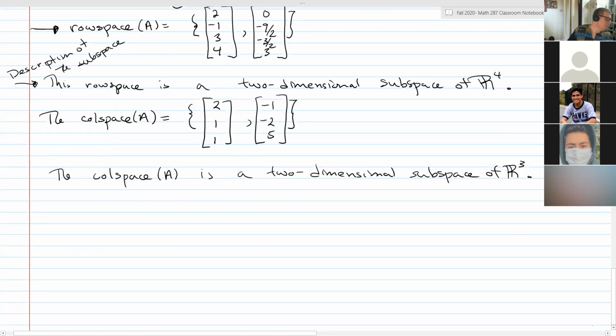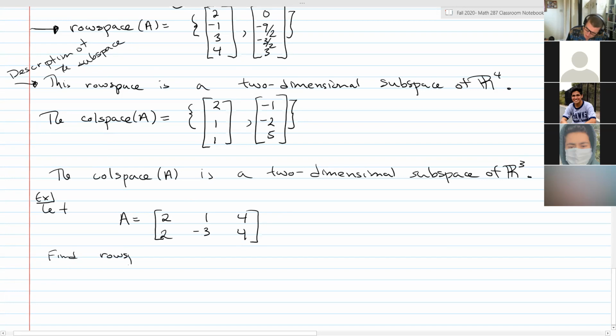How about this? Let's take, for example, we'll let A equal 2, -2, 1, 4 and 2, -3, 4.